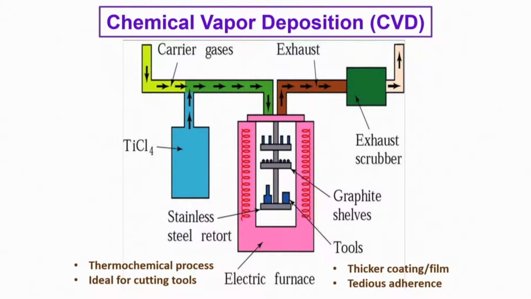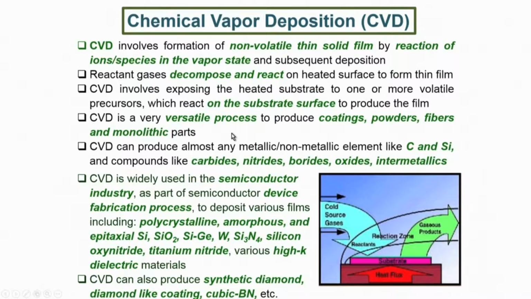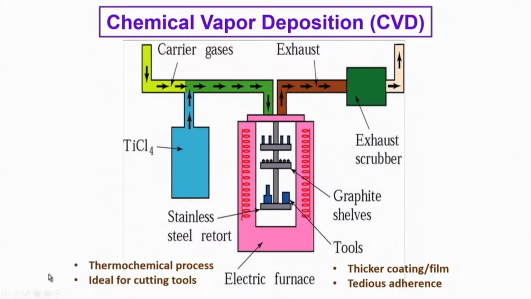If you look at the overall scheme of the deposition process, you have a chamber, and this is an enclosed chamber. We have certain heating devices here, so we can maintain an isothermal temperature over a certain temperature zone.